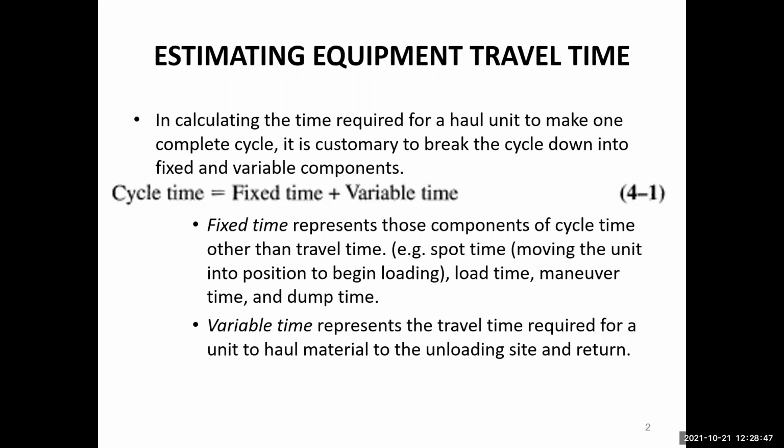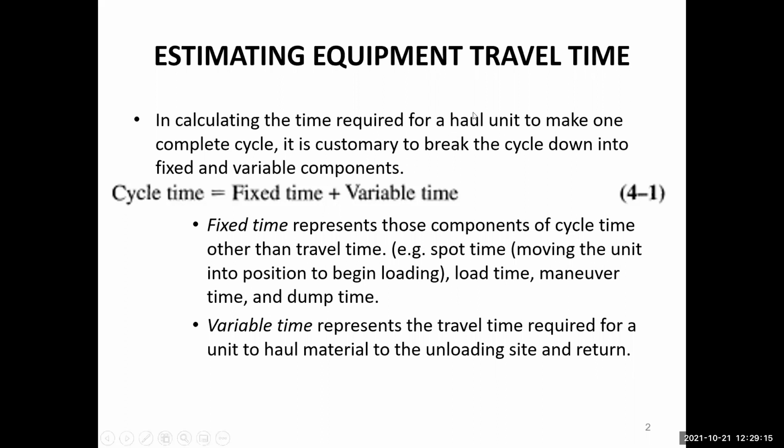In those equipment, we need to estimate the equipment travel time. That's why we are starting from the determination of the equipment travel time. In calculating the time required for a haul unit, haul is a term used for carrying materials from one location to another.